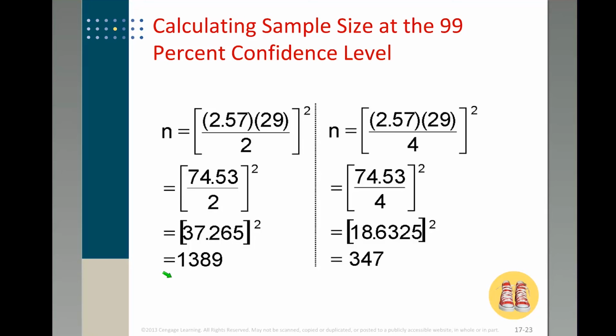And similarly, if we can tolerate $4 as margin of error, the sample size also increases to 347 observations. So this is how we use confidence interval construction to calculate the sample size.